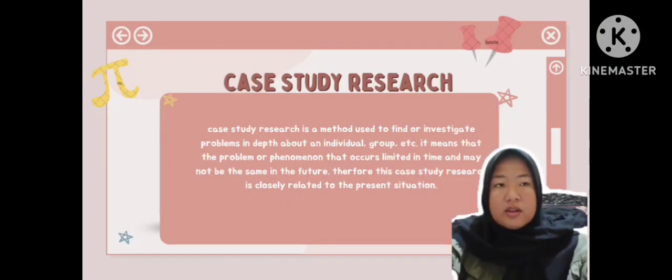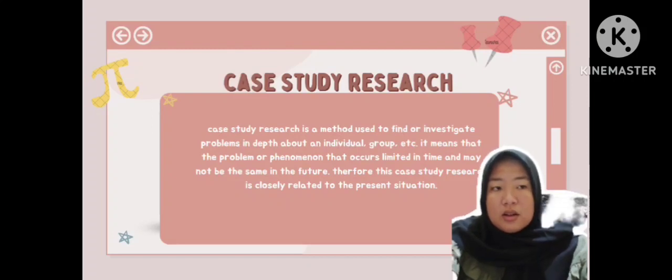Case study research is a method to find problems in depth about an individual, group, institution, social movement, or even related to the phenomenon, context, and time. Therefore, this case study research is closely related to the present situation.